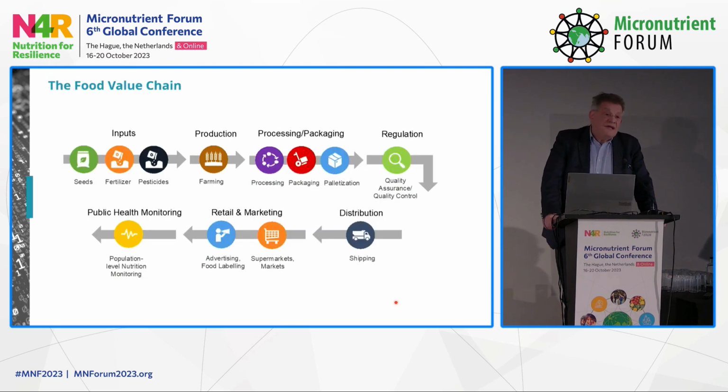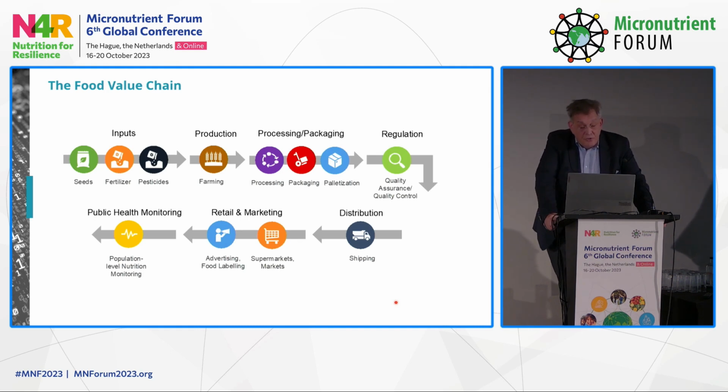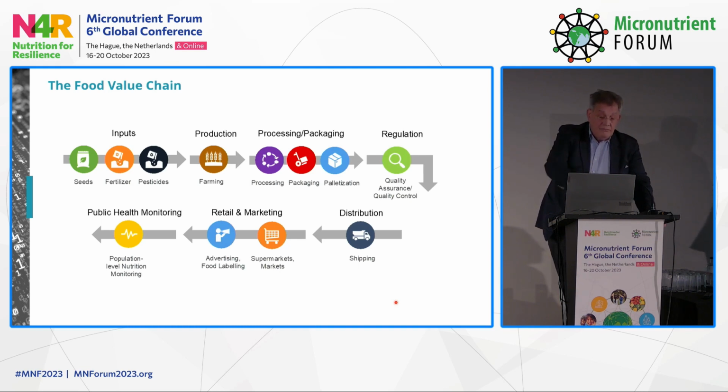I would like to address how big data are used along the food value chain. And to understand the interpretation of the data later on, I will show you how we have structured the food value chain: from inputs, which are seeds, fertilizer, and pesticides, going into the production side of farming, then processing and packaging, where you basically have the food fortification issue mostly allocated, and regulation, quality assurance and quality control, going to distribution, retail and marketing, and last but not least, and we have heard a lot of these discussions and will hear more, public health monitoring.